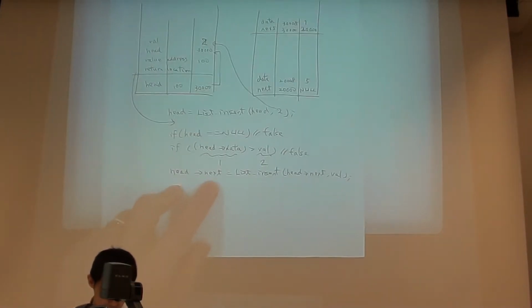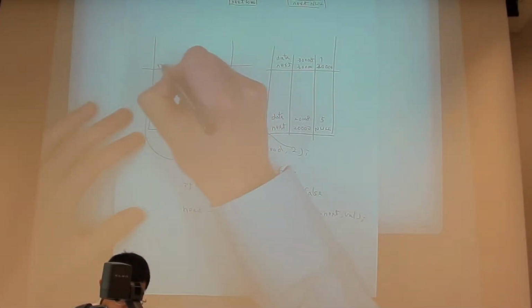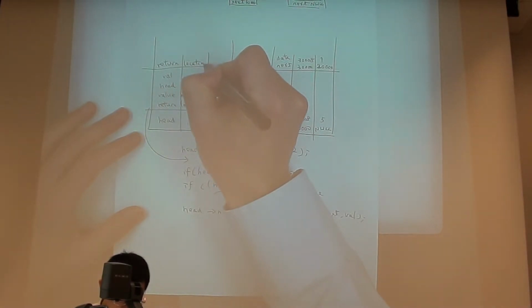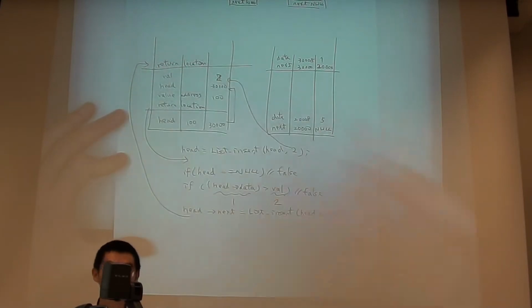What's head's next? So we are going to call a function and we follow the same procedures. We have a return location. It's going to be this line, the line after the function call.